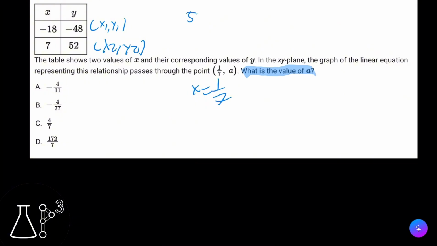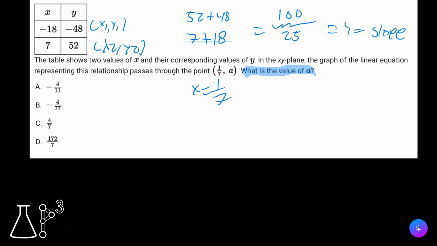So I'm going to get 52 plus 48 divided by 7 plus 18, because 2 negatives equals a positive, which equals 100 divided by 25, which equals 4. So the slope equals 4, and if we plug it into an equation, I'm going to get y equals 4x.